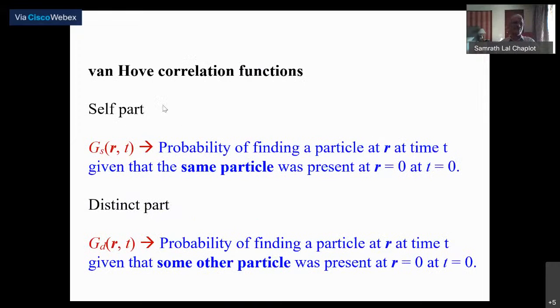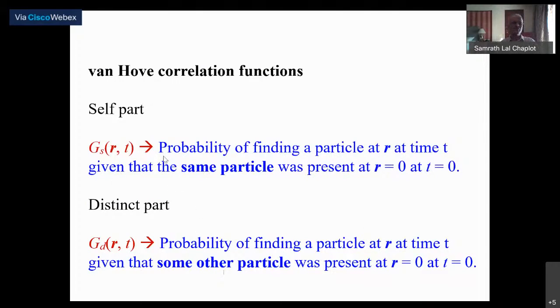Now we come back to what we actually calculate: the position time correlation functions, to make contact with neutron scattering. So the essential contact of theory with neutron scattering is through the position time correlation functions, or the dynamical structure factor.